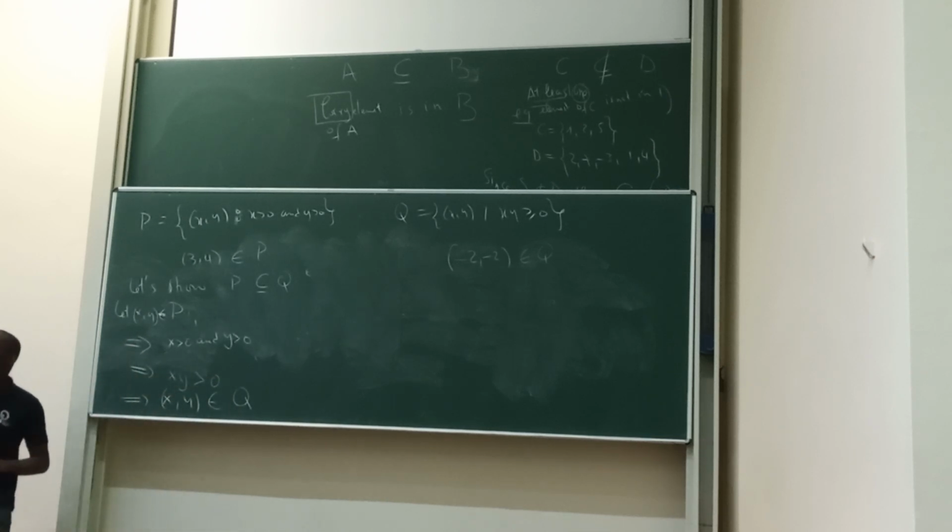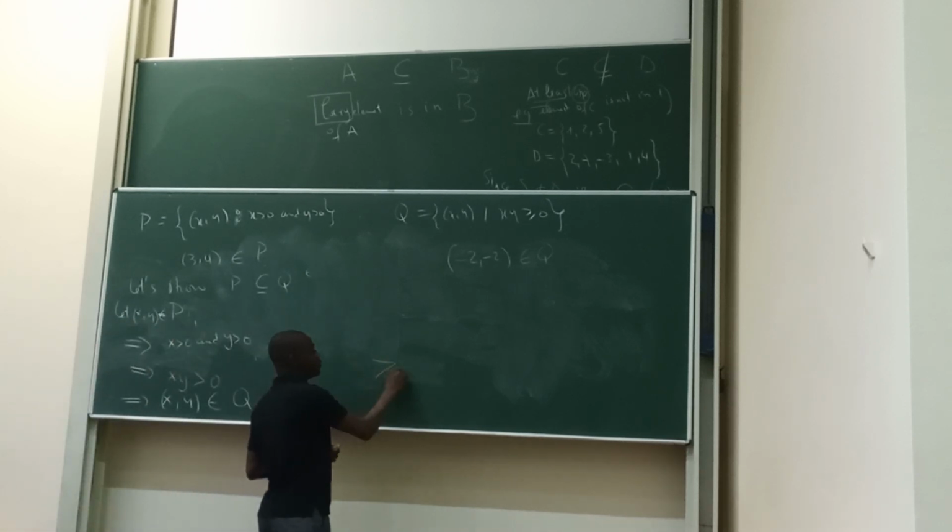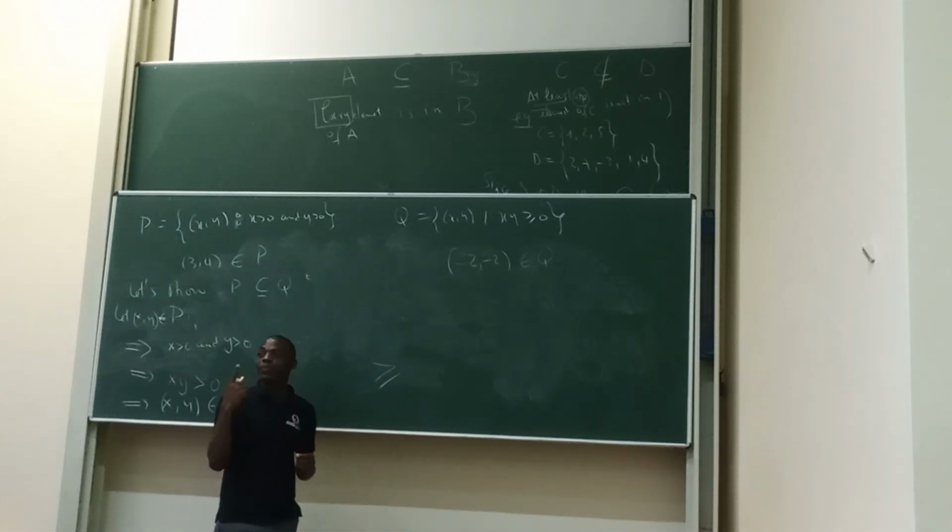Okay, now look at the set Q very well. The set Q, the way it's defined, is a set of doubles (x, y) such that the condition is x multiplied by y is greater than or equal to 0.